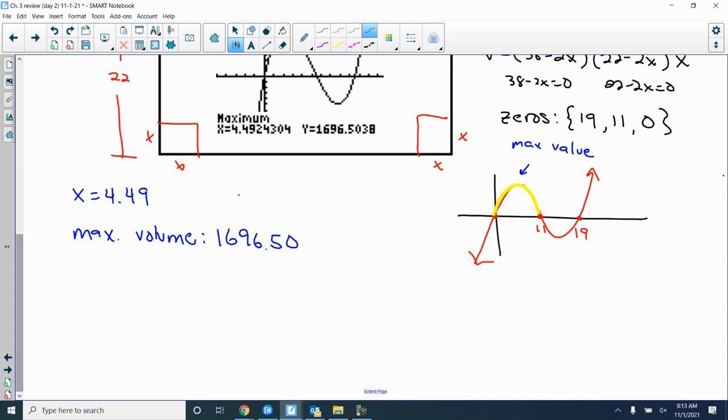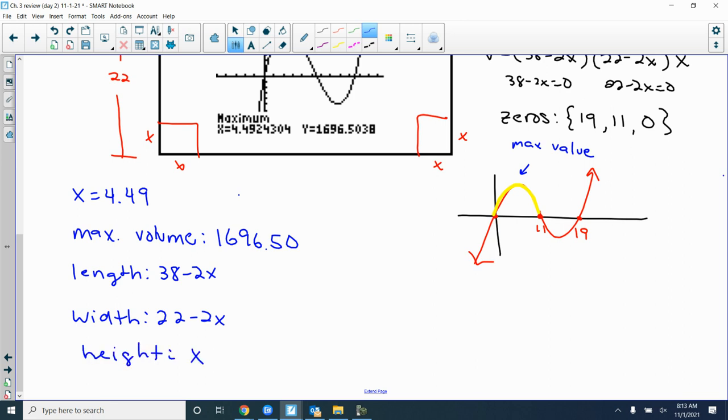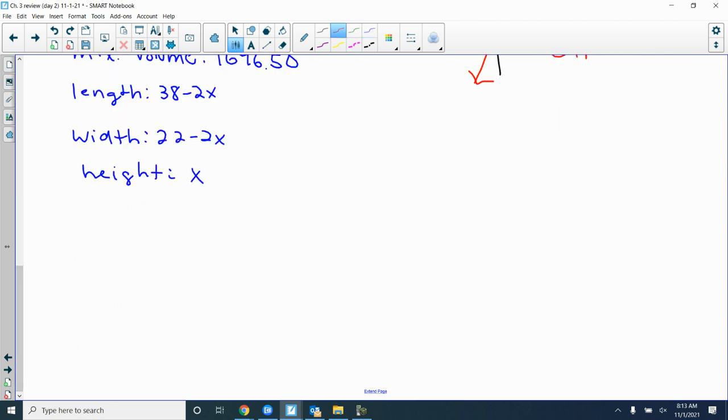Now your length is the 38 minus 2x. Our width is 22 minus 2x. And our height is x. Well, that's just 4.49. Okay. So that's just 4.49.